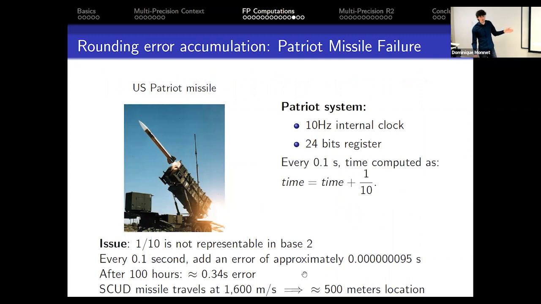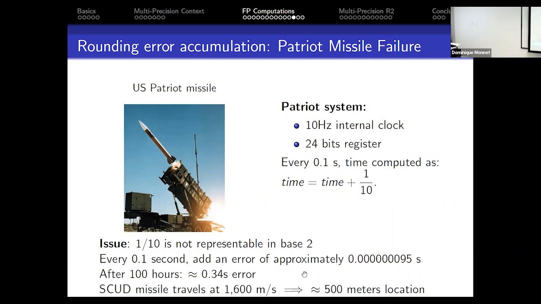Basically, what happened is just an accumulation of rounding errors. This is how the Patriot system computed the time. This system had a 10 Hertz internal clock, and at every tick of the clock, it would compute the time as time equals time plus 1/10.